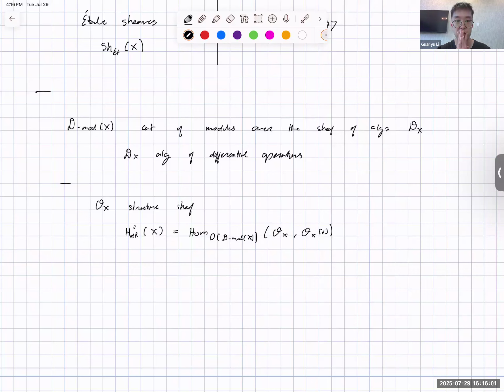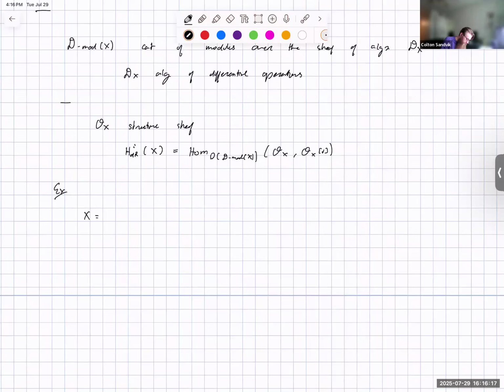Let's maybe do differential operators on polynomials, a polynomial algebra of a single variable, so X equals Spec K[x], that is, A^1. So D of X here is going to be the Weyl algebra, the non-commutative algebra generated by x and the derivative in x.